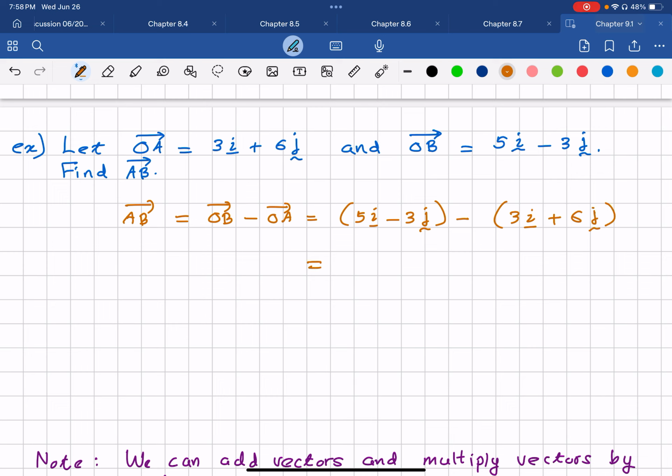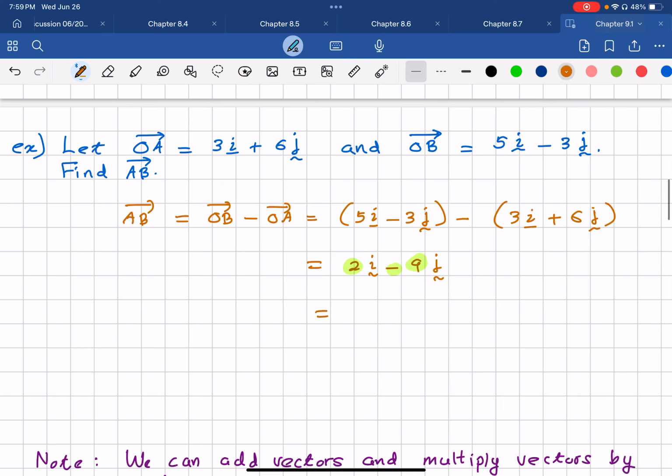Then my i component is going to be 5i minus 3i, which becomes 2i, and my j component would be negative 9j, because I'm subtracting 6j from negative 3j. So in this case, 2 is my x component and negative 9 is my y component.